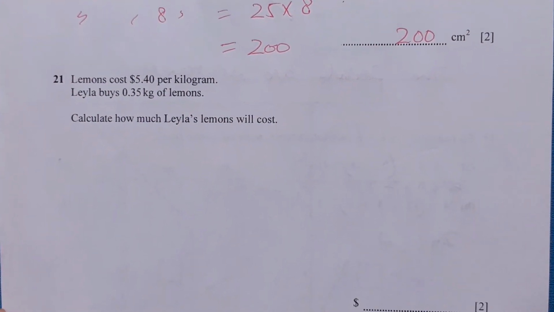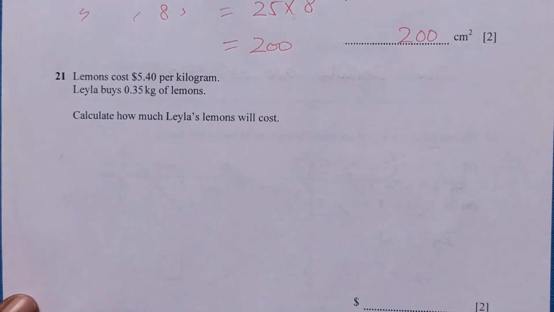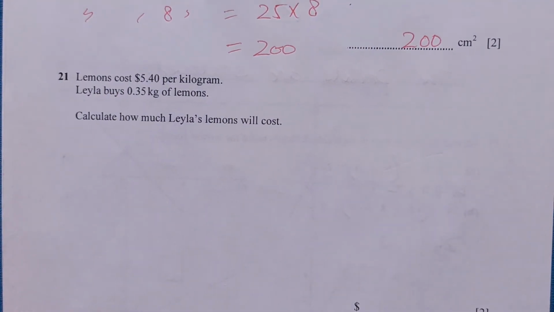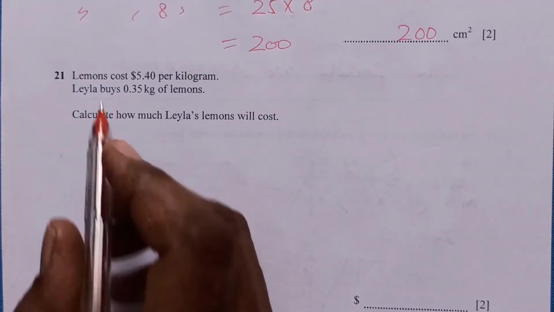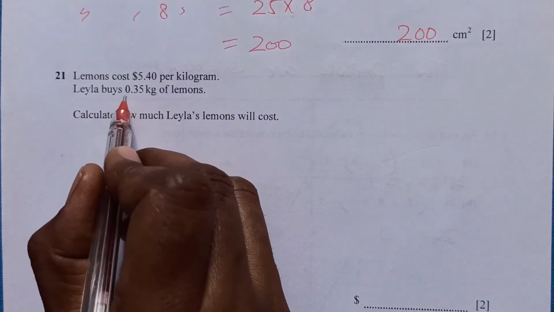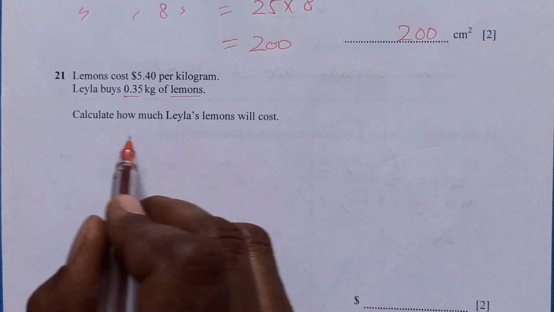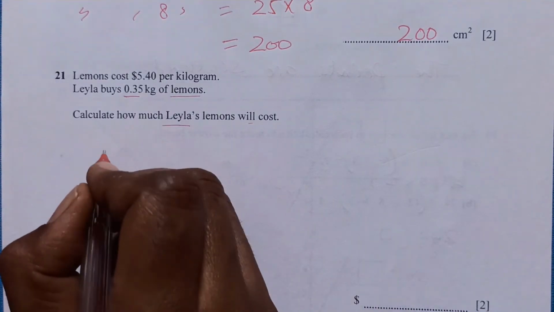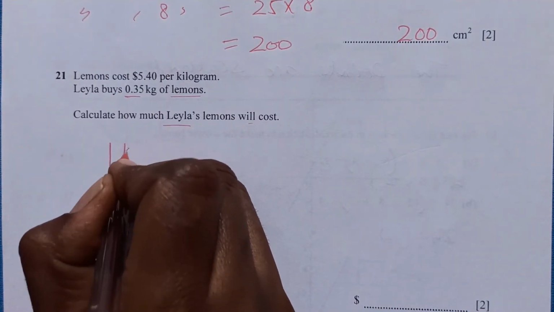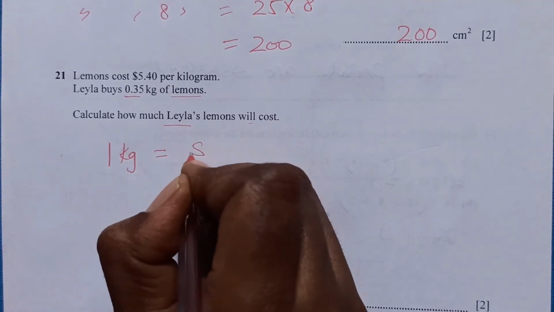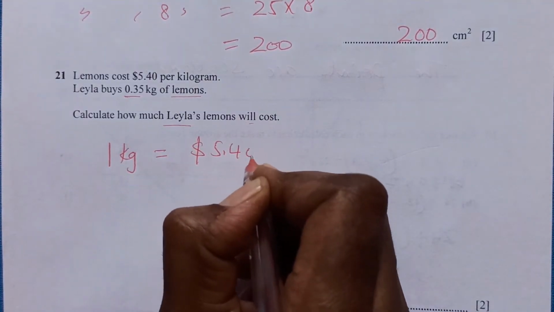Question number 21. Lemons cost $5.80 per kilogram, right? Layla buys 0.35 kilograms of lemon. Calculate how much Layla's lemons will cost. So 1 kilogram is equal to $5.48.